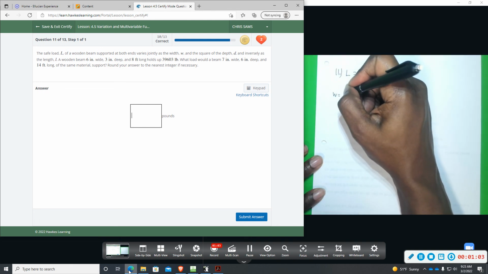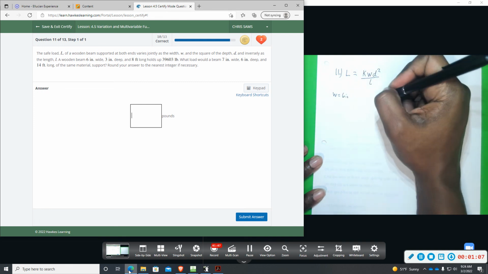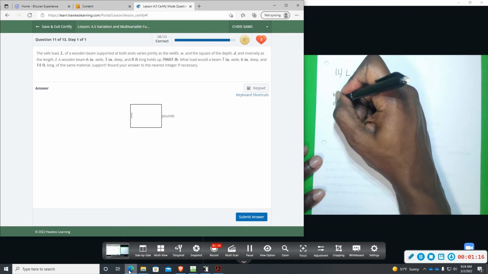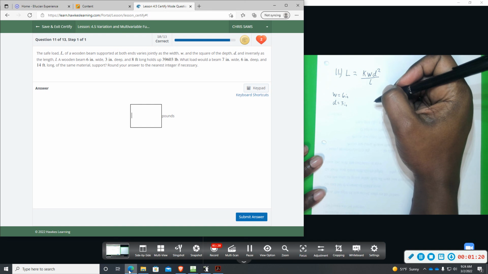I got a lot, so I'm going to label these. W equals 6 inches. The depth is 3 inches deep. So D equals 3. 8 feet long.